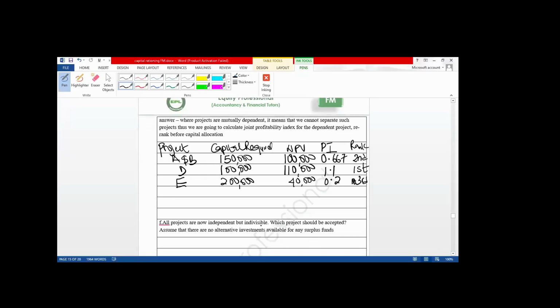You now come to project selection. Project selection, capital required, cumulative capital, then NPV.